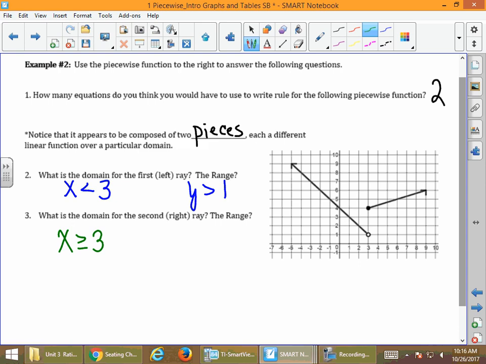The range, the lowest value, the y value of the point 3, 4 is 4. So this is going to be y is greater than or equal to 4. Again, the equal because there is a filled-in circle on that graph.